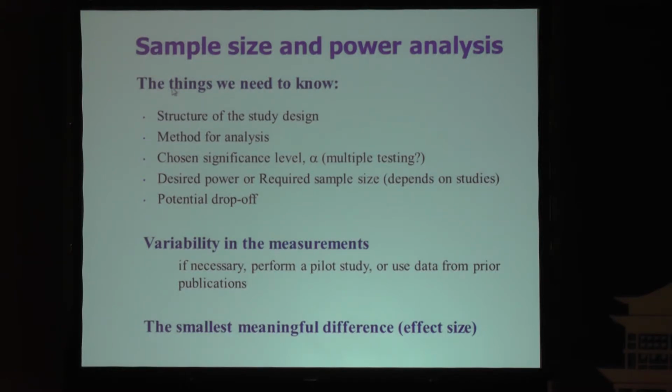And then, of course, the most important thing for sample size calculation is the effect size. This is a very strong assumption, and it usually is not based on statistical judgment alone. We need very close communication with the clinicians to make sure that we have the smallest difference that is clinically meaningful.